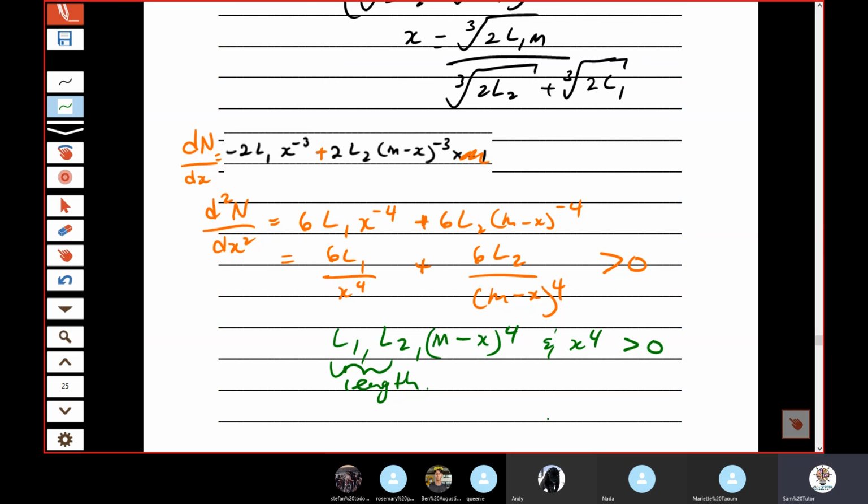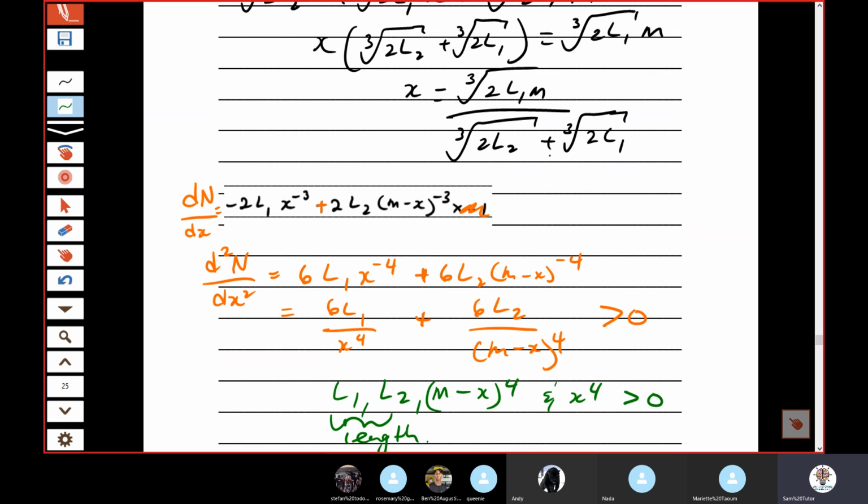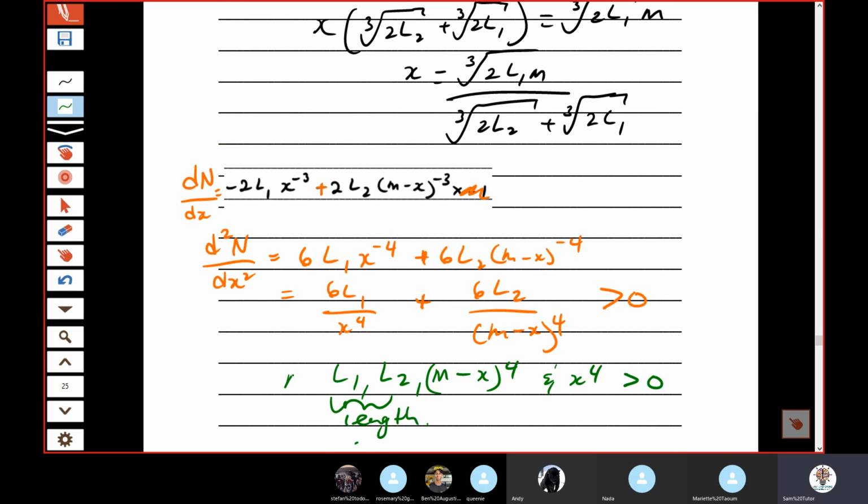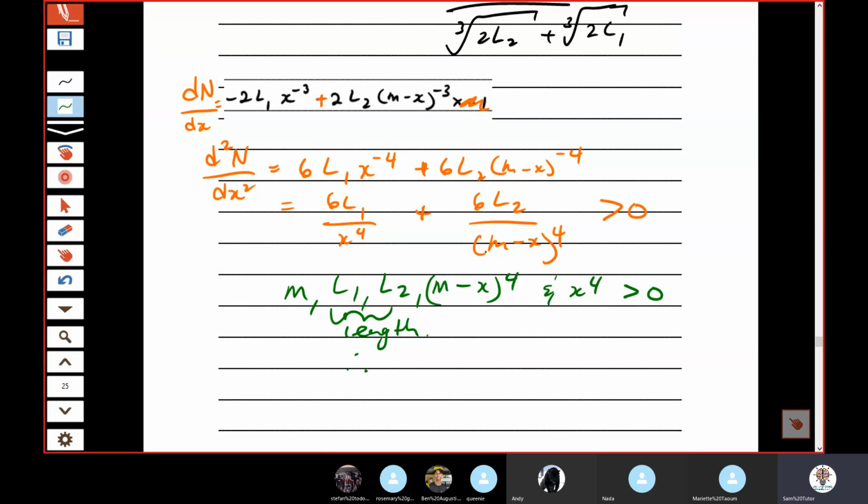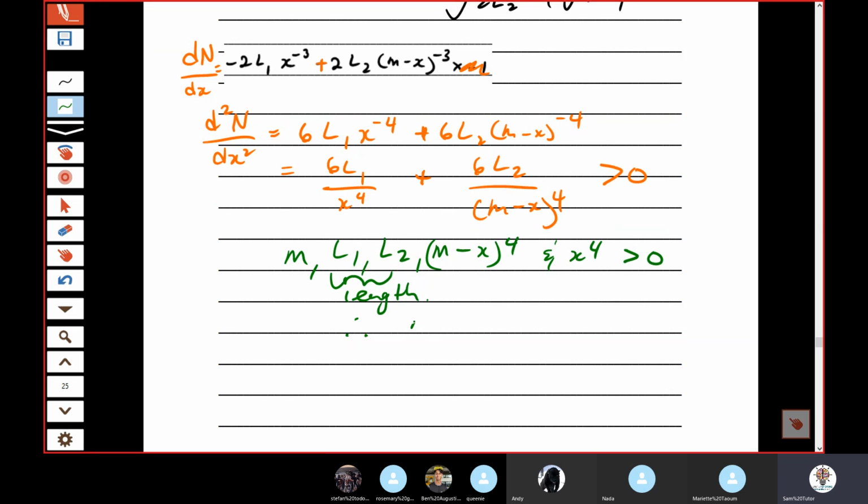These guys, because of obviously powers of 4. Therefore, it doesn't matter what you sub in. We might as well add m in here as well. m is also positive, but it doesn't matter. So this itself is always positive, but we don't really care about that, because even if you subbed in a negative number for x, it will still always be positive. And that's it. Therefore, minimum.